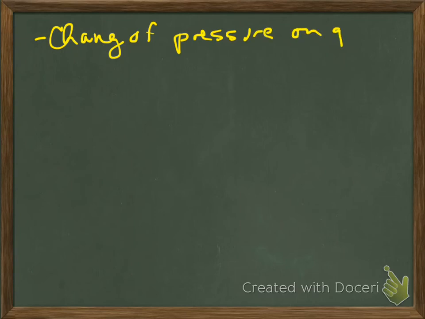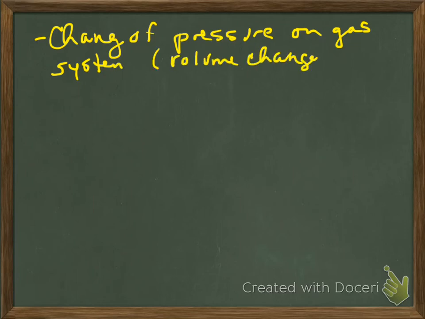Okay, so change of pressure on a gas system, assuming that this is a volume change, will shift to the side with less moles of gas.